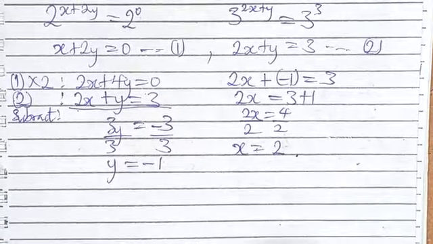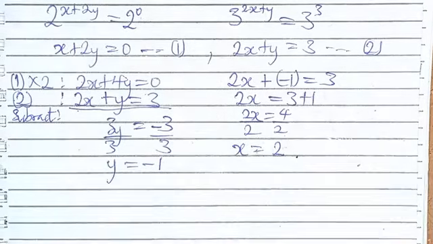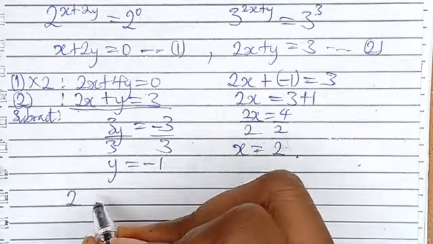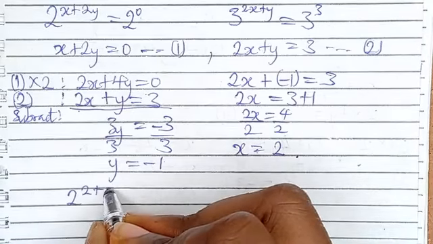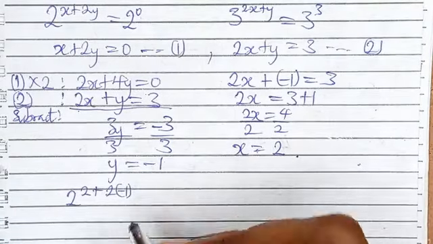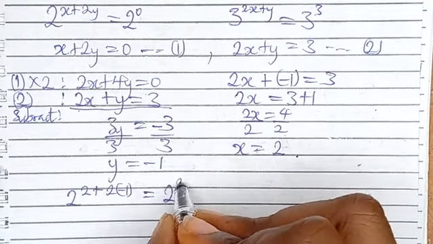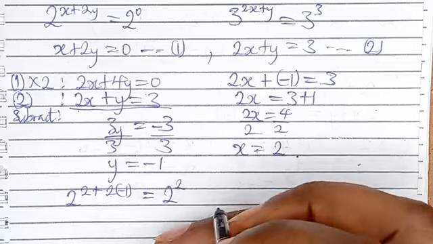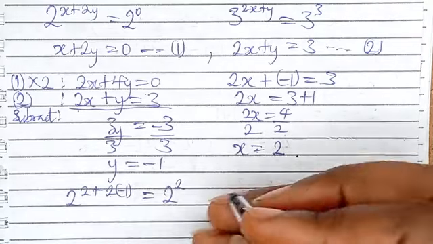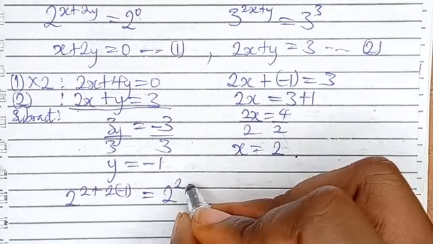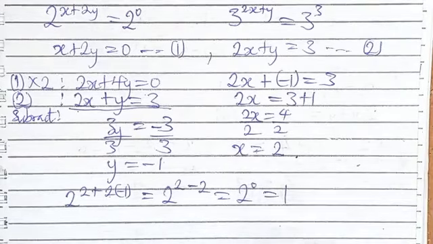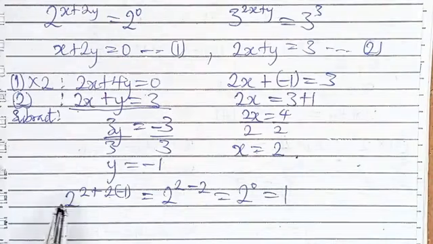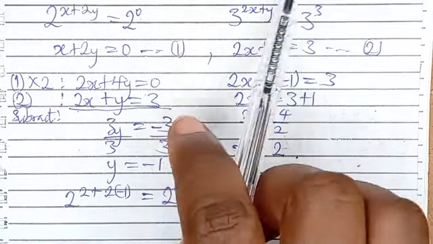So substituting into this very first one, instead of having x, that is x is 2, plus 2 into minus 1. Let's see. So we have 2 raised to the power 2. 2 times minus 1 is minus 2. And then 2 minus 2 is equal to 2 raised to the power 0. And we know that anything raised to the power 0 is 1. So we've confirmed that this satisfies this, and you can try this other part on your own.